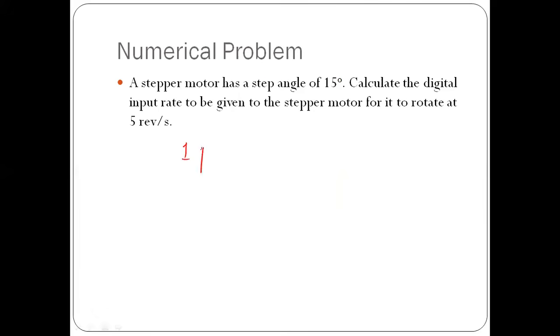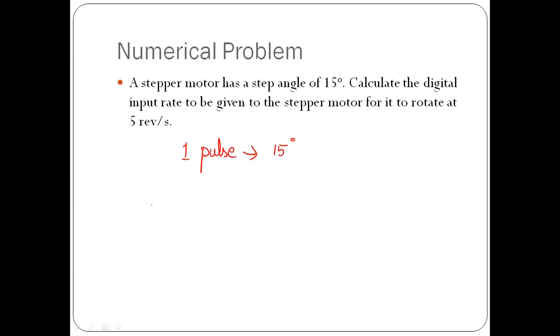That means for one digital pulse given, it will rotate through an angle of 15 degrees. Calculate the digital input rate to be given to the stepper motor for it to rotate at 5 revolutions per second. The digital input rate means the number of input pulses that has to be given for 1 second.